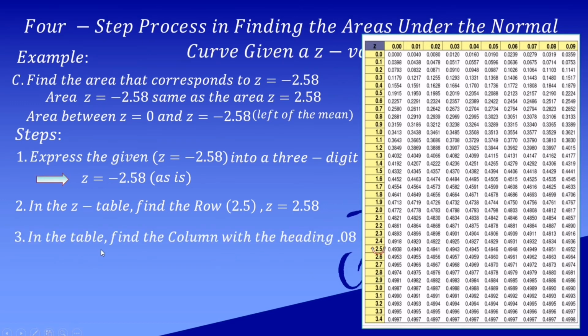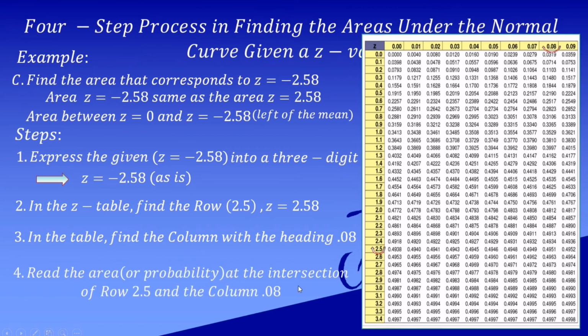For step 3, find the column. Our last digit is 8, so we look for 0.08 in the column. Step 4, the intersection of row 2.5 and column 0.08. That would be our area, 0.4951.